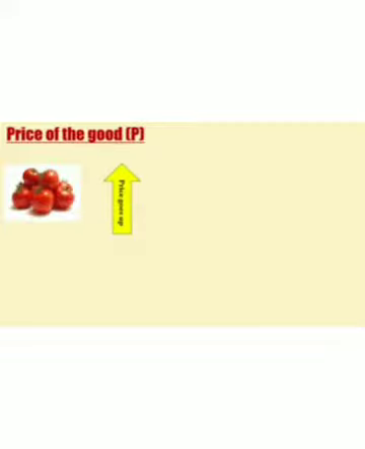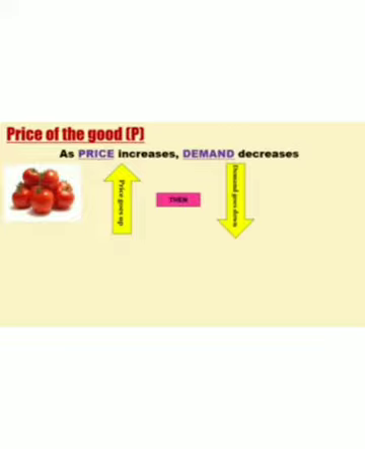What happens when price of tomato goes up? When price of tomato goes up, then consumer will buy less of tomato. Then demand for tomato goes down. Hence, we can say as price increases, demand decreases. Similarly, what happens when price of tomato goes down?